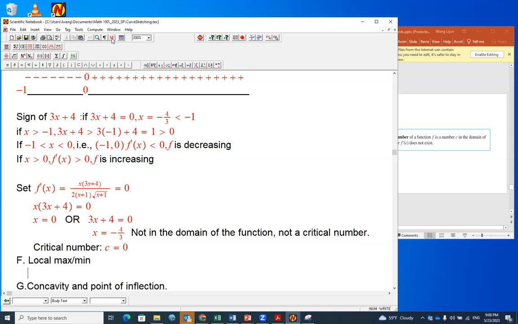Okay, so f derivative, from left to right of 0, changes from negative to positive.